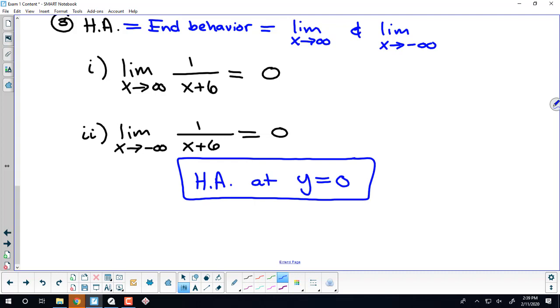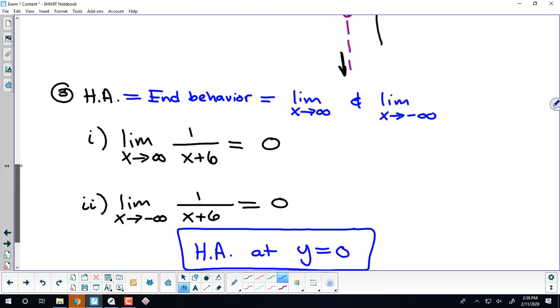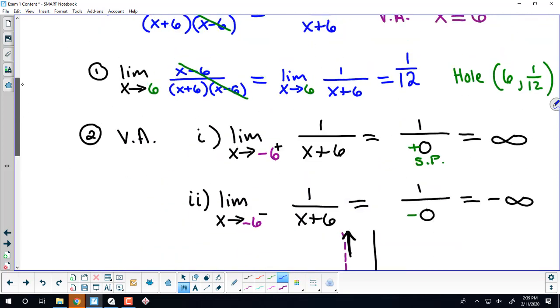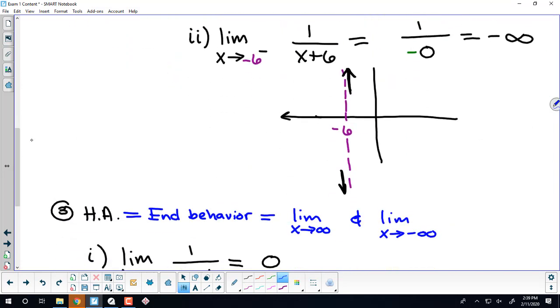All right, and then we can go back up to our graph and say, where was our hole at? 6, 1/12. So over here at 6, 1/12, somewhere around here we have a hole. We have this line being now our horizontal asymptote. And so we can fill in the gaps here.